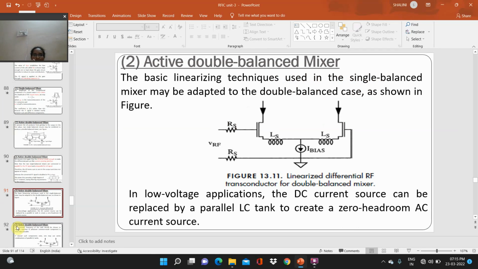Active double balanced mixer. The basic linearizing techniques used in the single balanced mixer may be adopted to the double balanced case as shown in the figure. In low voltage applications, the DC current source can be replaced by a parallel LC tank to create a zero headroom AC current source.